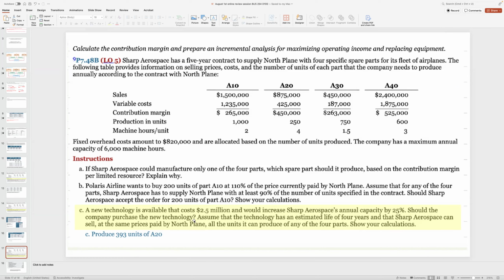So their capacity was 6,000 machine hours, right? And this is going to increase that capacity by 25%. Assume the technology has an estimated life of 4 years, and the company can sell at the same price paid by North Plain all the units it can produce of any of the 4 parts. Show your calculation.